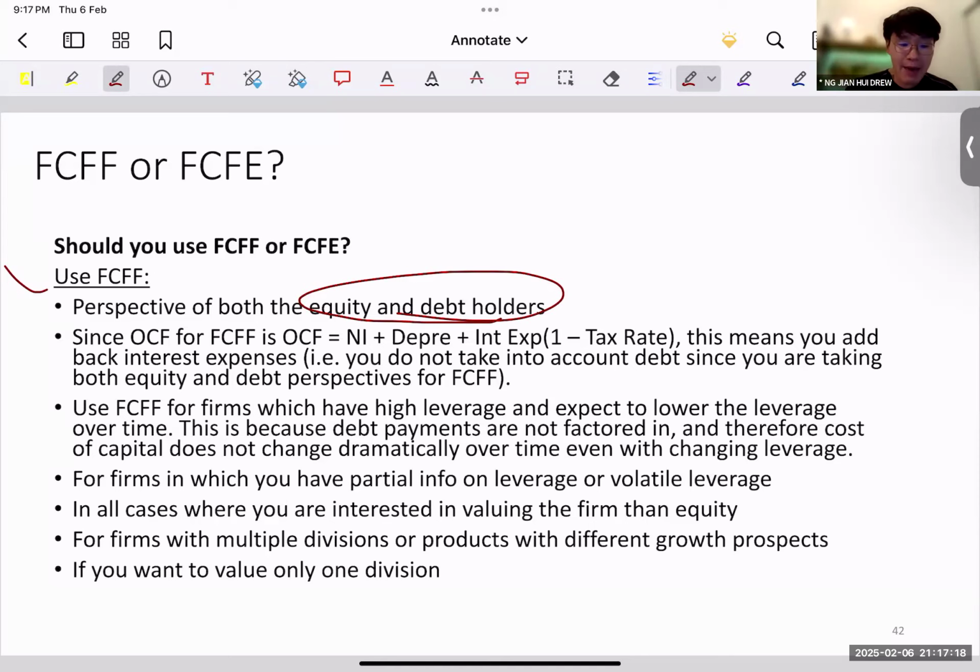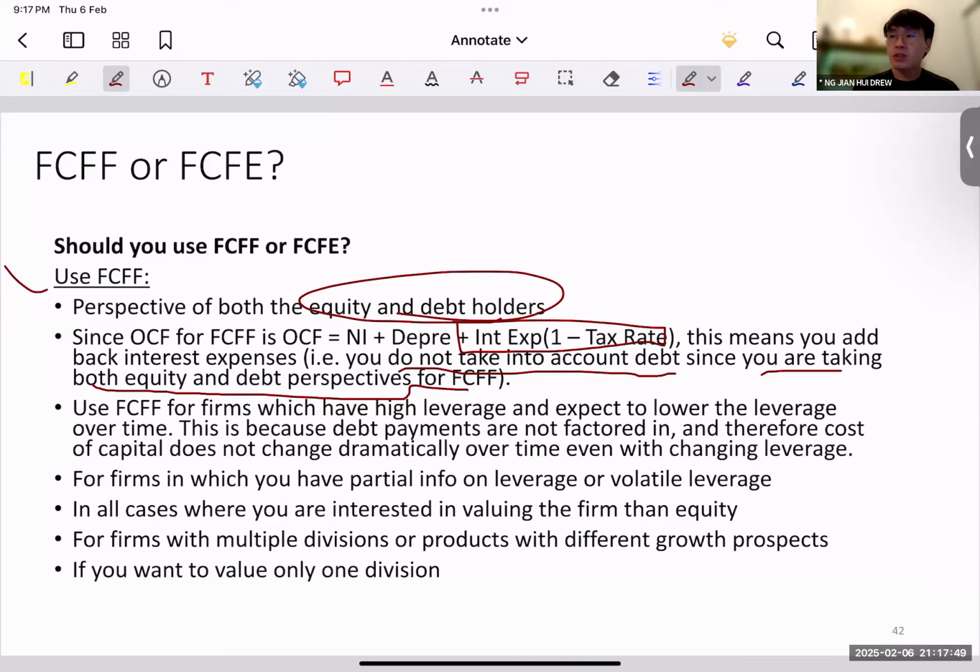And so we want to understand a little more, right? For the FCFF, if we look at the FCFF equation, what we have done is actually to add back interest expense, and we talked about this a little bit earlier, right? The reason why you add it back is because you do not want to take into account debt, since you are taking into account both the equity and debt holders' perspective in your FCFF.